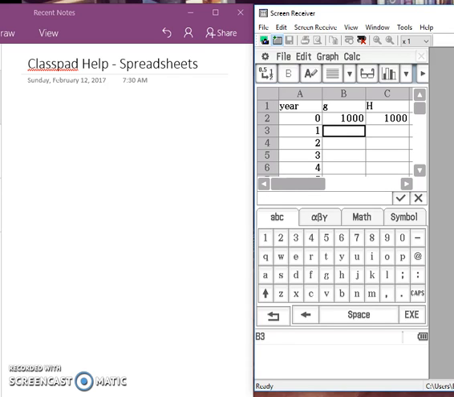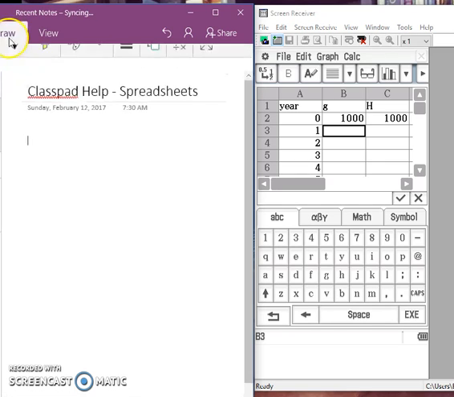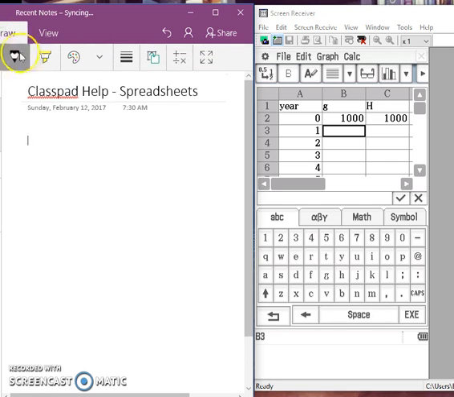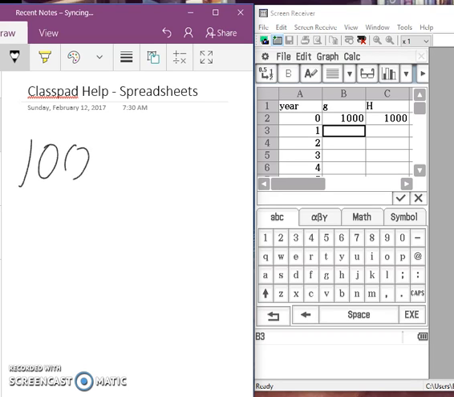Okay, so moving on. For Gemma's account, Gemma gets $100 every year. So an equation for this could be $1,000 plus 100 times whatever year it is.